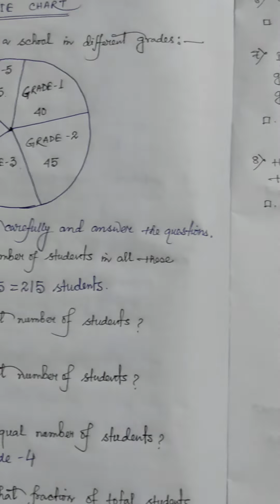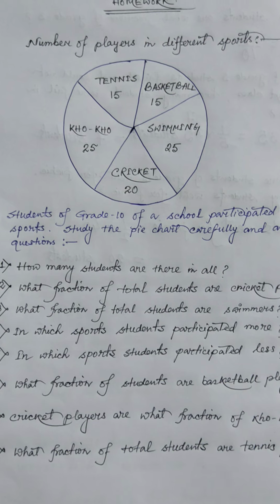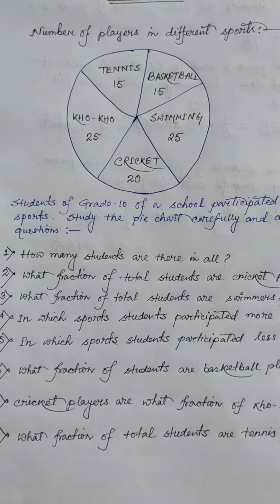Number of players in different sports is given below in a pie chart. You can see basketball 15, swimming 25, cricket 20, kho 25, tennis 15.